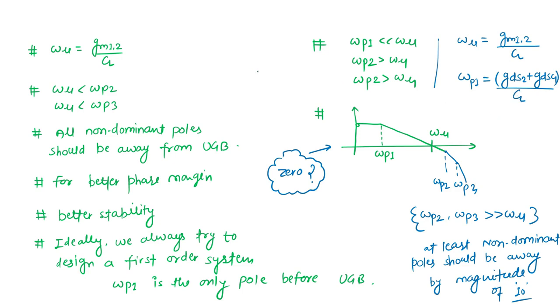So in general we see that any GDS is much smaller than the Gm. Ideally this is the thing.